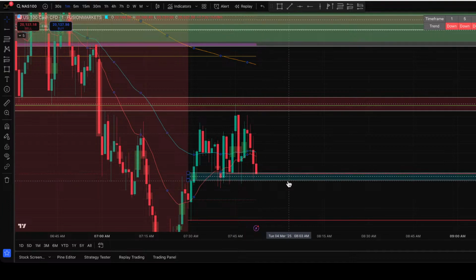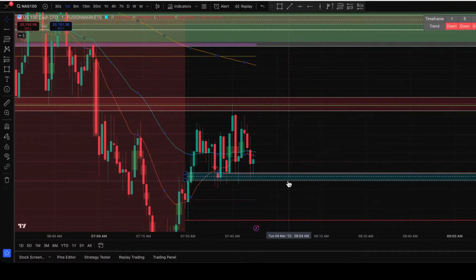11 seconds. Still just bouncing off that area. So this market is unwilling to commit in either direction right now. 44 seconds.